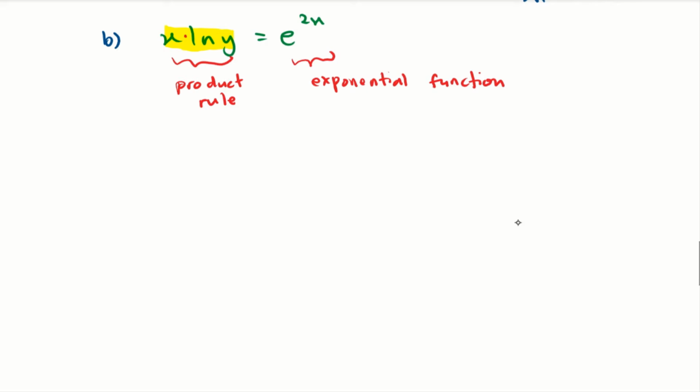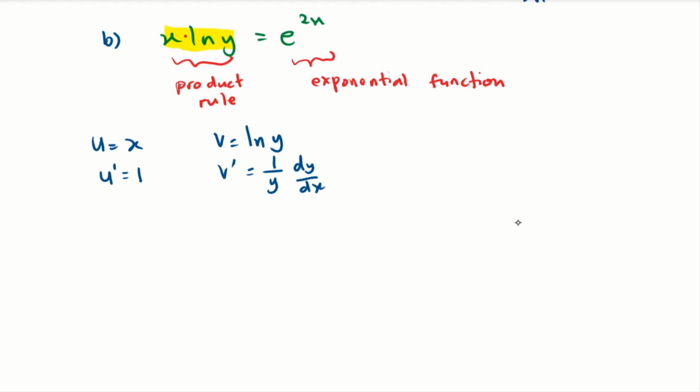So let u is equal to x and v equals to ln y. So then we differentiate u, u prime, differentiate x become 1. And then we differentiate v prime, and then we differentiate ln y. Macam ln x, kalau ln y dia akan dapat 1 per y, but we must put dy dx di belakang.